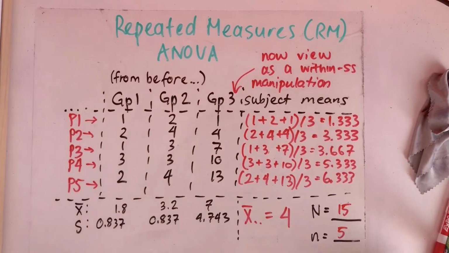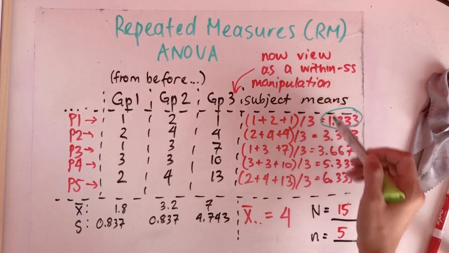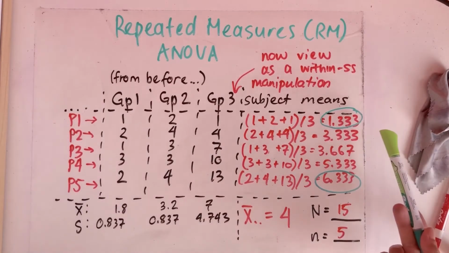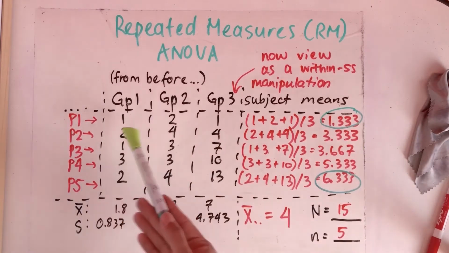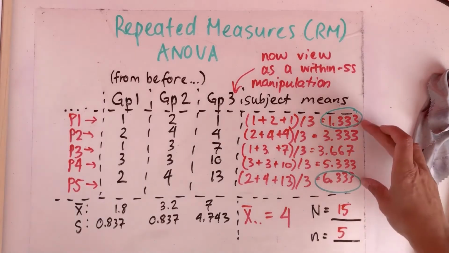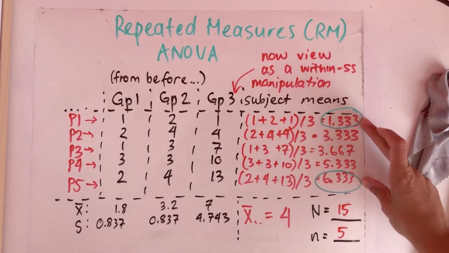So let's take a look and make this table even worse. Let's look at P1 versus P5, if you can still read that after I circled it. About 1.3 was their mean across all the groups for P1, and then 6.3 or thereabouts for participant 5. And what you see here is a large difference between these two means.